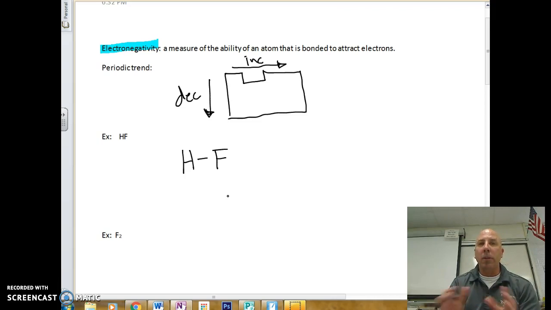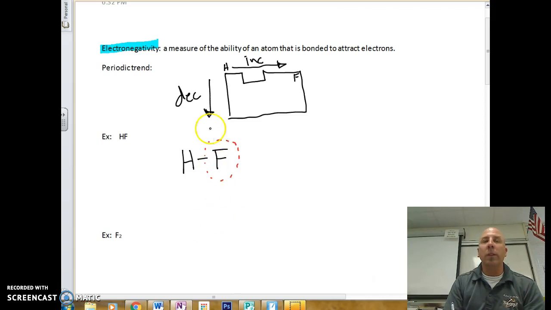If we try to predict which of these two atoms is more electronegative, hydrogen is located right here on the periodic table, and fluorine is right here. So fluorine is the more electronegative atom, meaning fluorine is going to draw the electrons closer to it. More electrons will spend time in the electron cloud closer to the fluorine, and that's what's going to happen here.